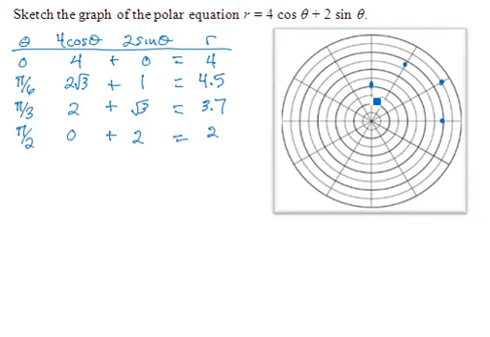Let's see how the rest of this graph shapes up by plotting a few additional points. We put in 2 pi over 3, pointing along this direction. We have 4 times the cosine of 2 pi over 3, which is 4 times negative root 3 over 2. Oops, I'm sorry, that's negative 1/2.